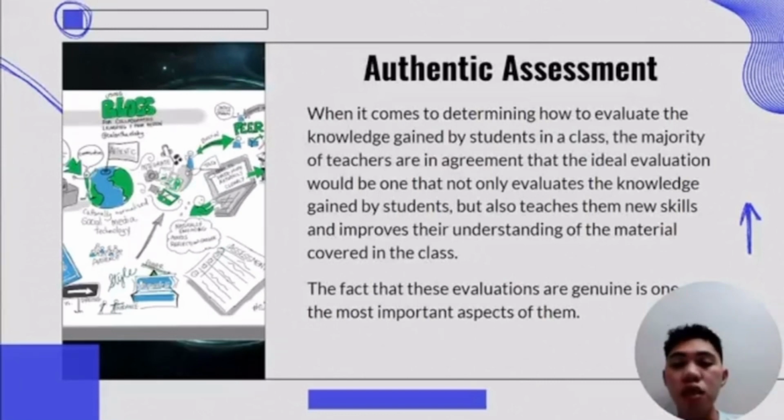Authentic assessment challenges students to apply what they've learned to new scenarios and use their judgment to decide what information and abilities are important and how to use them. Authentic assessment or assignments often focus on complex real world situations and their accompanying constraints.